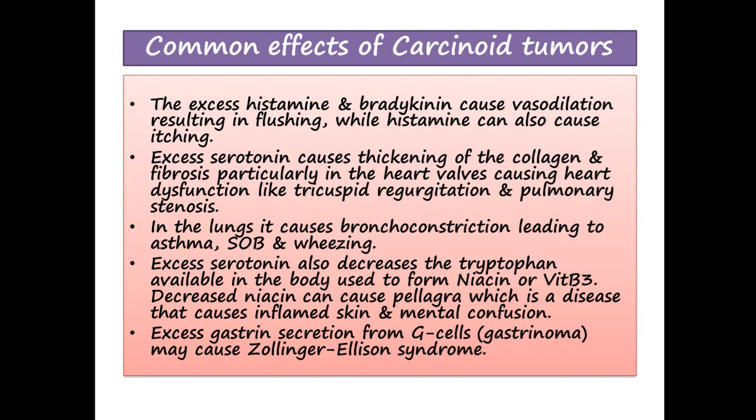And if the pulmonary valve becomes thick and rigid, it may result in pulmonary stenosis. Serotonin in the lungs constricts the bronchi, causing bronchoconstriction. And excess serotonin, if it causes severe bronchoconstriction, will lead to asthma, shortness of breath, and the wheezing sign.